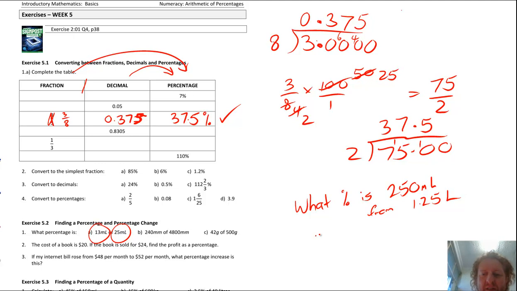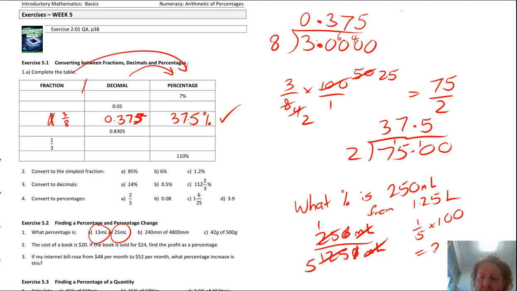Just make sure the units are the same. Call it 250 mils over 1250 mils, because that's what 1.25 litres is. Once you've got the same units, you don't need them, as long as you're comparing like terms. And there I could say, let's lose a 0, there's 125 there, there's 5 25s there. So it's a fraction. I just poured out a fifth of the bottle. But if I say times by 100, I know a fifth of 100 is 20%.